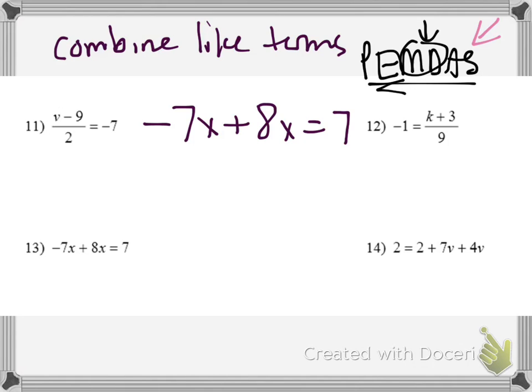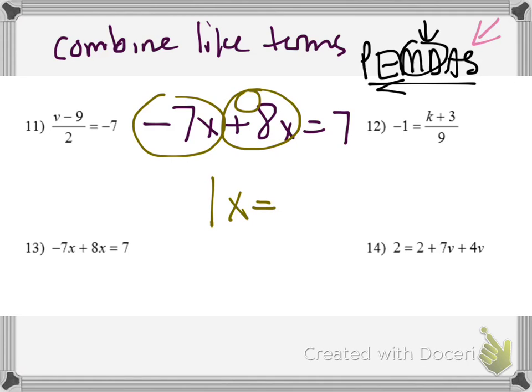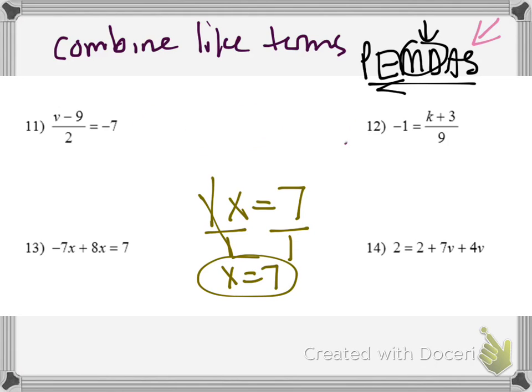So -7x and +8x can be combined, because they're both x terms. Same signs add and keep. Nope, different signs subtract. Take the sign of the highest number, then you'll be exact. So that's 1x. And really, this is the end, but if you want to go ahead and finish it this way, that will help if this is negative or if this is negative. So we'll go ahead and finish it that way. All right.